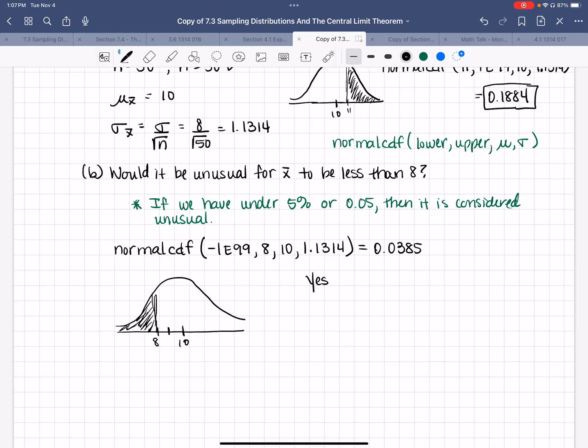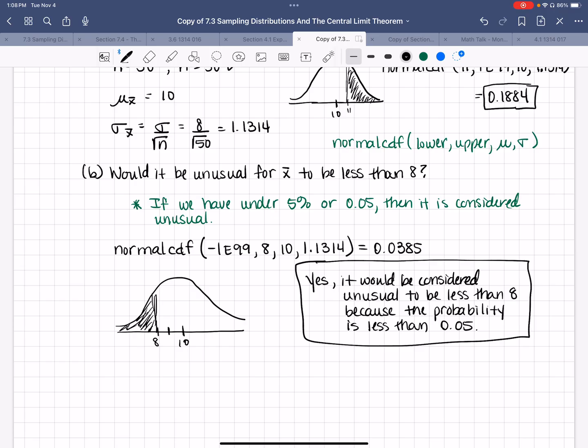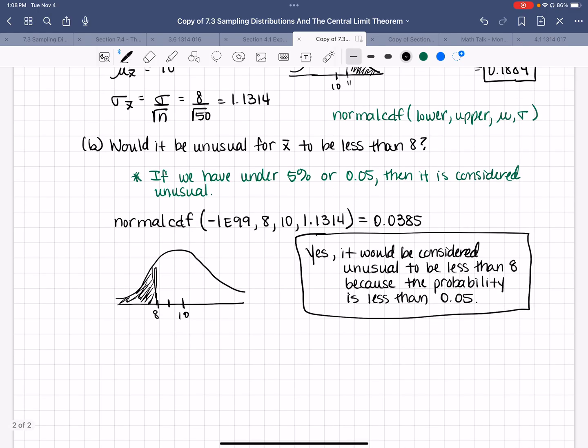So yes, it would be considered unusual to be less than 8 because the probability is less than 0.05. Okay.